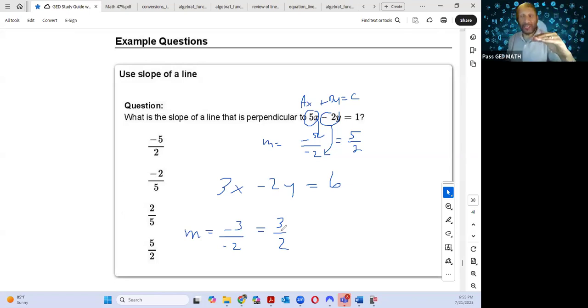But eventually, if I'm given, say, 8x plus 2y equals 8, I want you to say, oh, the slope is the opposite of A, -8, over B, which is 2. My slope is -4.